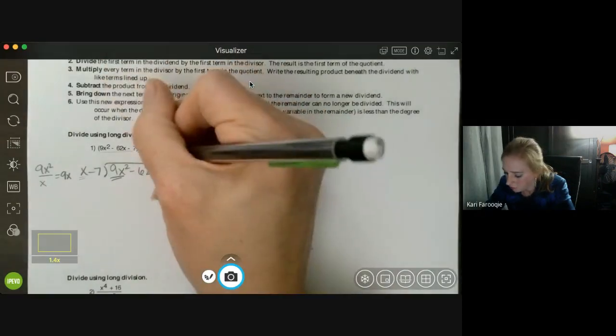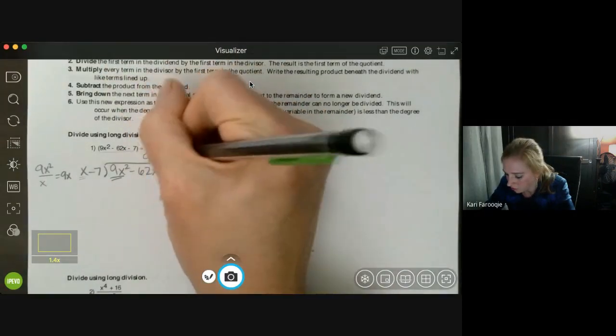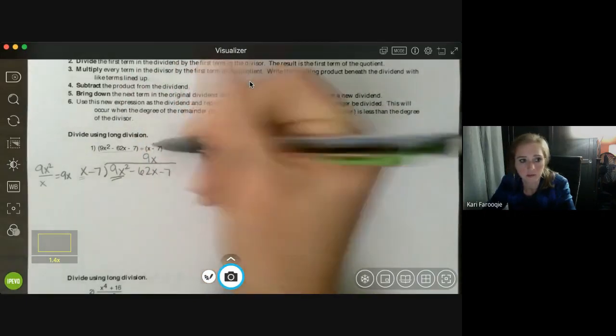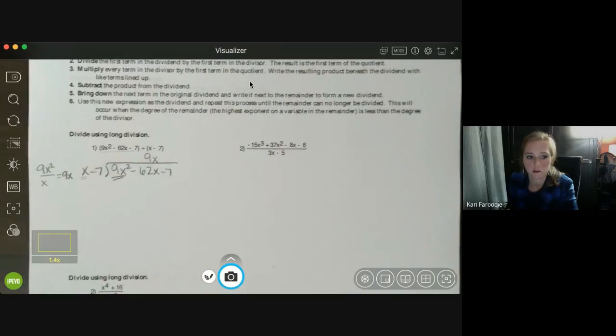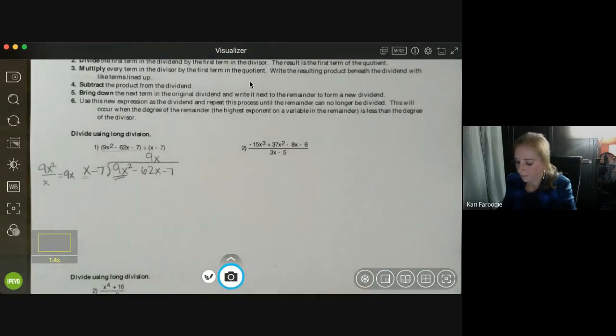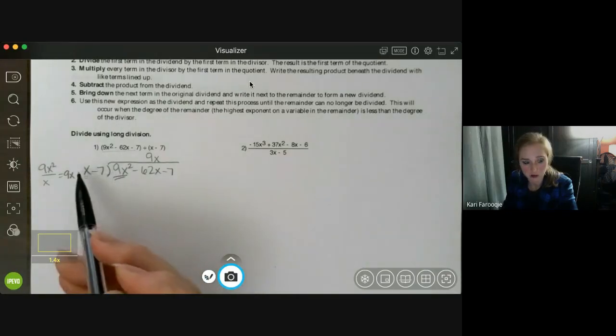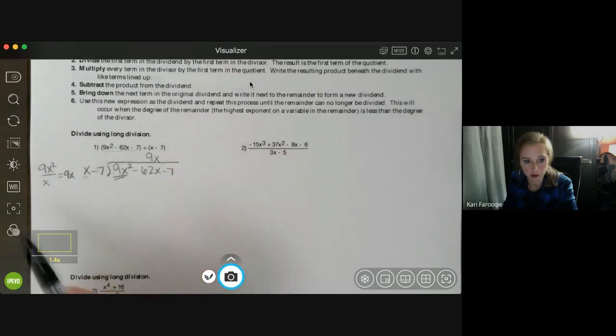That is the first term in your quotient. I like to line these up so that the x's are with the x's. It's up to you. It's not the end of the world if you don't. Okay, so the first thing you're doing is dividing the first term in the dividend by the first term in the divisor. The quotient goes in your quotient.